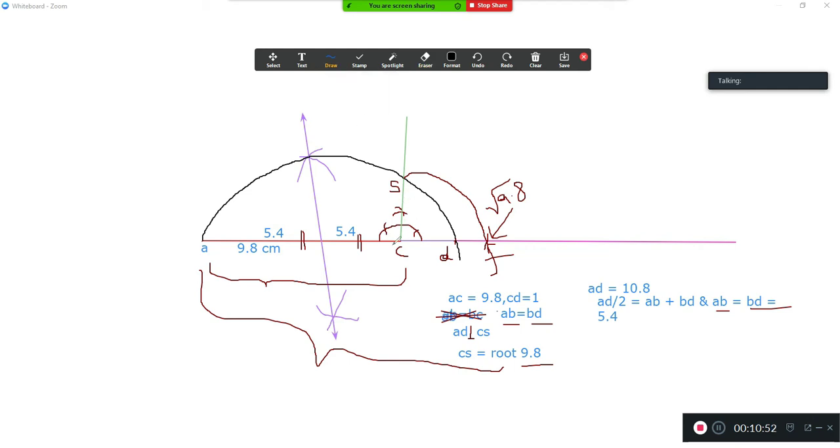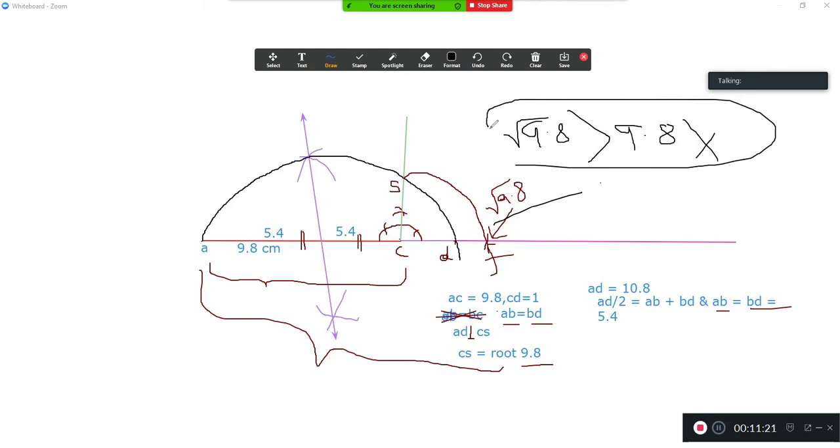When we take this line's measurement, that is CS, and make an arc, actually we are saying it is root over 9.8, but if we consider this whole line, then A to C is 9.8 and root over 9.8 is more than 9.8. So according to it, root over 9.8 is more than 9.8. This is actually a misleading concept, so we cannot place it here.